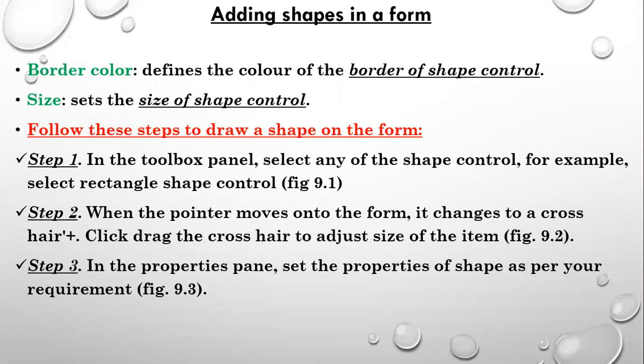The fourth property you see is the border color. Whatever color I want to give to my border or to the shape control can be defined using border color. And at last, you see the size. Size sets the size of the shape control. I can choose the appropriate size for whatever shape I've given.